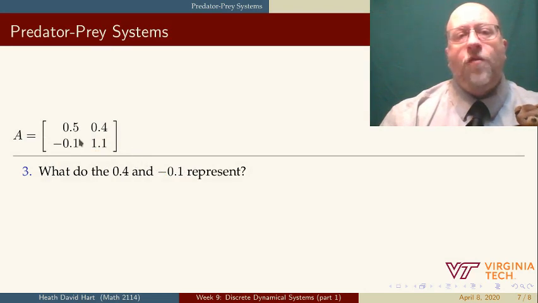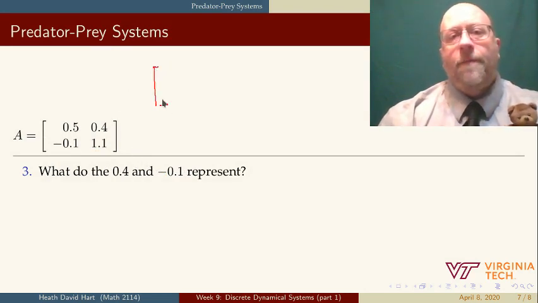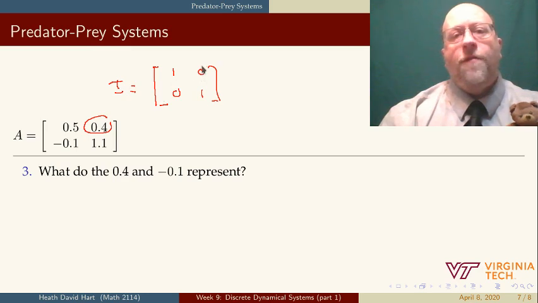So what do these two numbers represent? Again, here's the identity matrix. 0.4 is greater than 0.